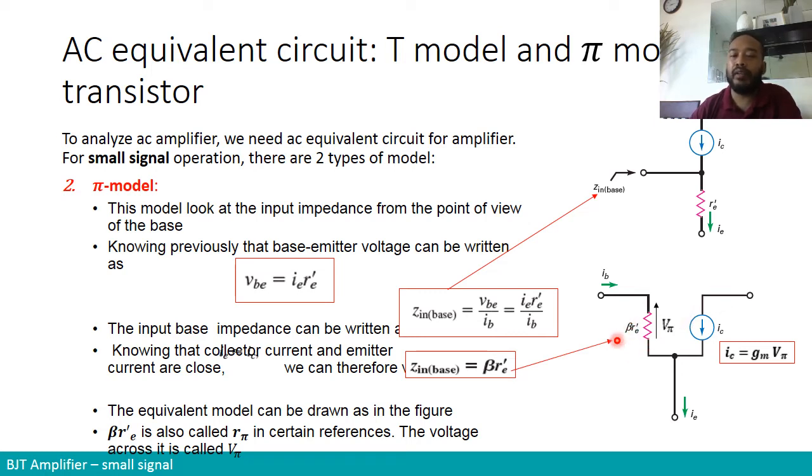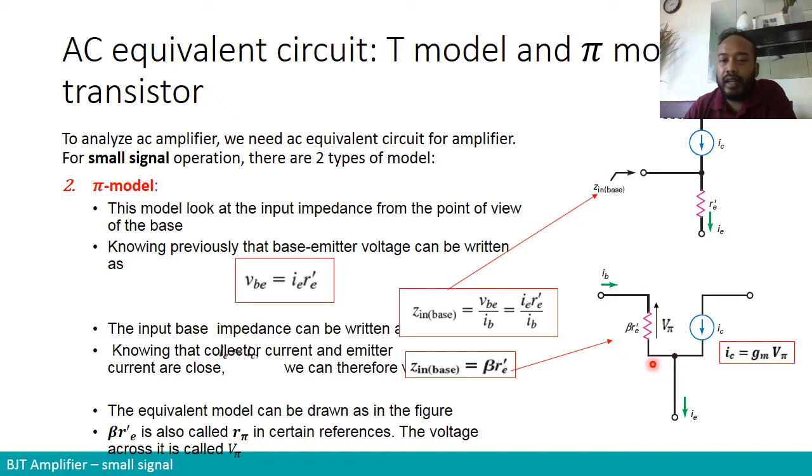And we know just now that the voltage across the resistor at the base was called VT, but now instead of VT, it's V pi, the voltage across the base resistor of a pi model.